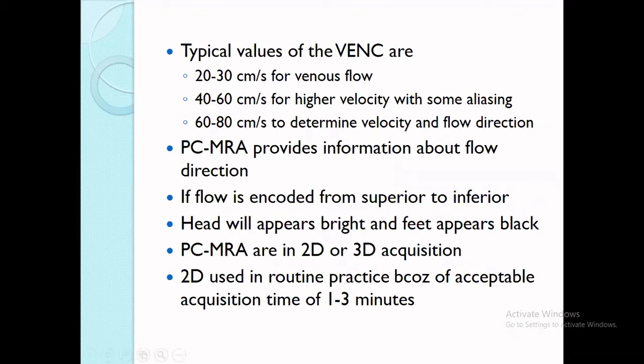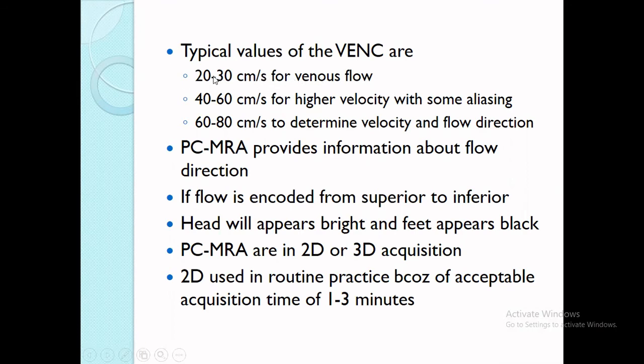The typical values for velocity encoding for venous flow are 20 to 30 centimeter per second. The term VENC stands for velocity encoding. The unit of velocity in MRI is centimeter per second, so that's why we measure it in centimeter per second.